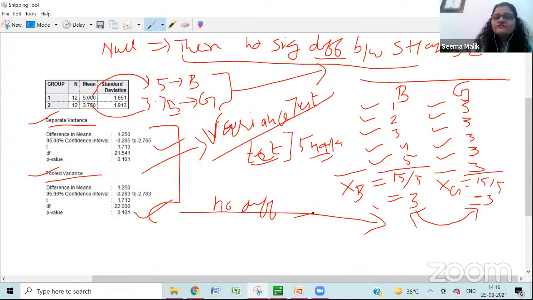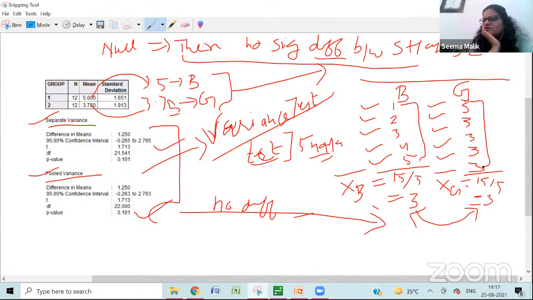But by having a deep look into the series, girls are performing consistently as compared to boys. Girls are somewhere consistent in performance as compared to boys.